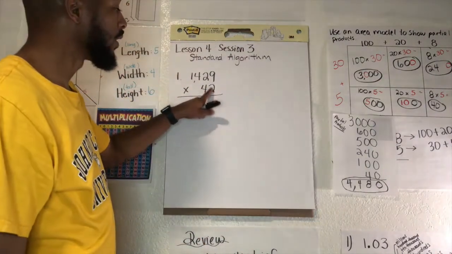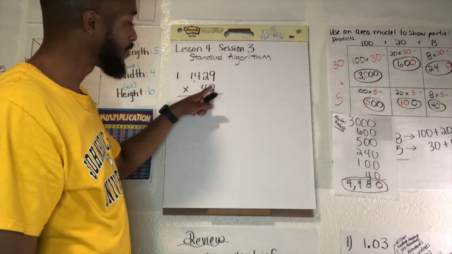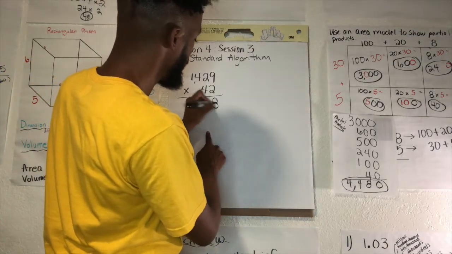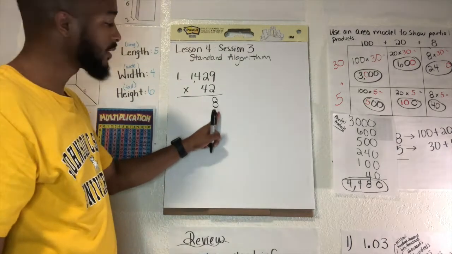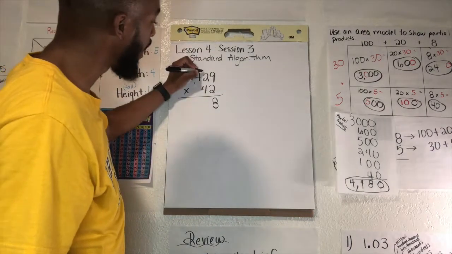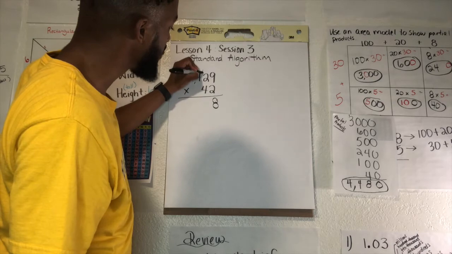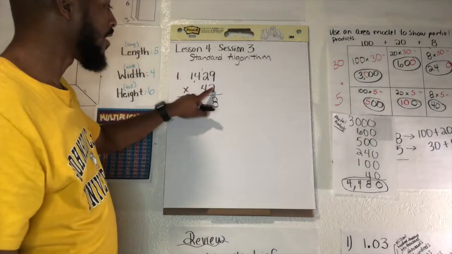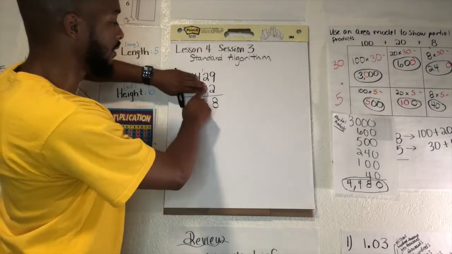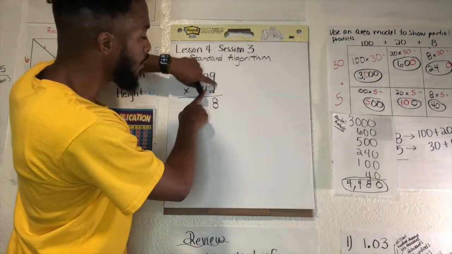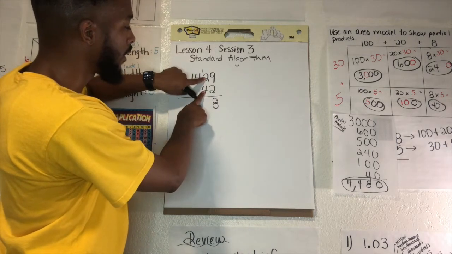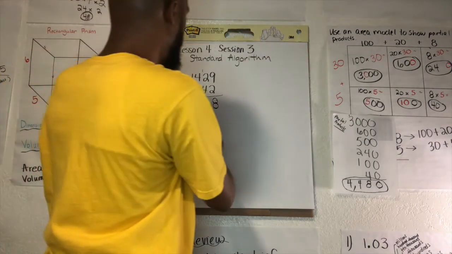So we have the 2. We're going to start in the ones place. We have 2 times 9, which gives me 18. I'm going to drop my 8 in the ones column and then carry over my remainder, my 1, to the tens place. So now, staying with the 2 in the ones, we're now going to multiply 2 times 2, which gives me 4, plus 1 is 5.